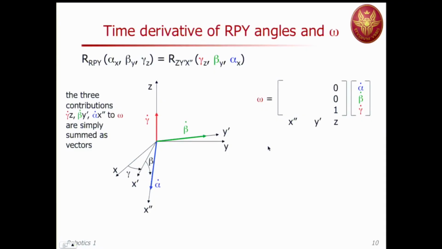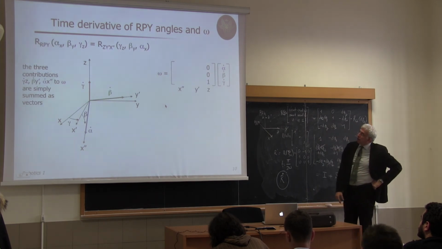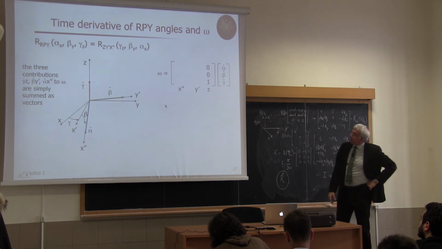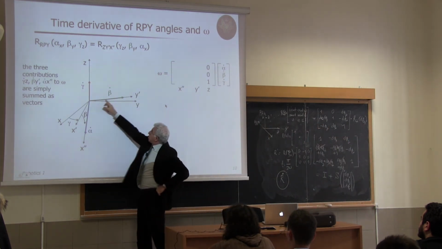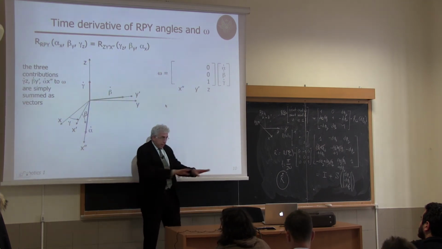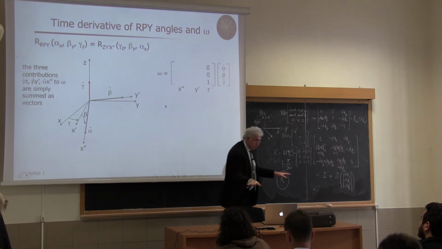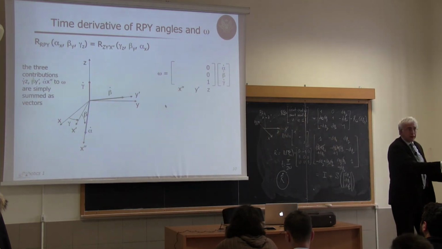0, 0, 1 is the contribution of the vector of intensity gamma dot aligned with z to the total angular velocity of this reorientation. Now the second contribution is beta dot, along this axis. Now y prime is in the xy plane, because I'm rotating around z and bringing y to y prime.